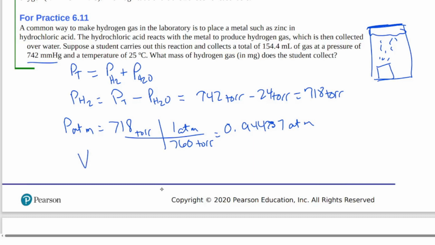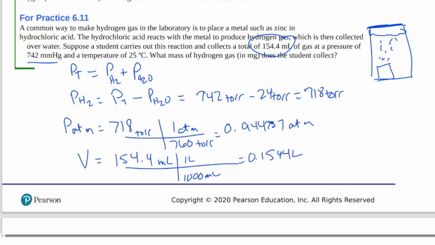Our volume was given in milliliters, so we need to convert that to liters. 154.4 milliliters. 1 liter is 1,000 milliliters, and that's equal to 0.1544 liters.